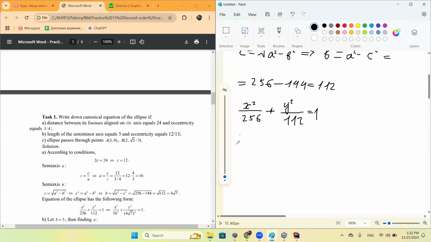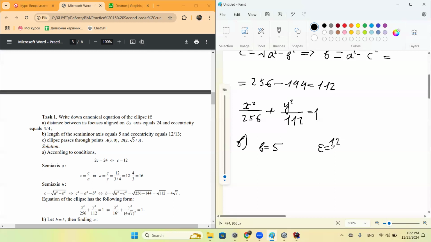Then the next section, so part A is complete. What next do we have to find? The length of the semi-minor axis equals 5, and the eccentricity equals 12 by 13. Let b be the semi-minor axis, the small axis.